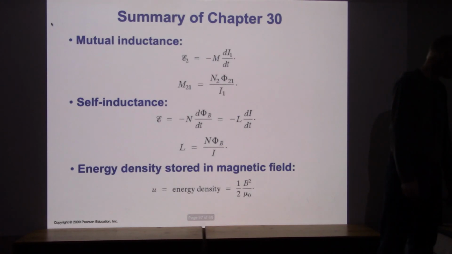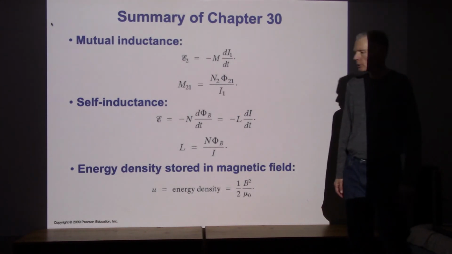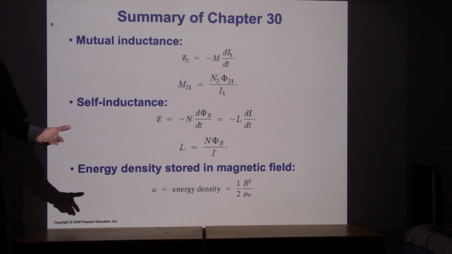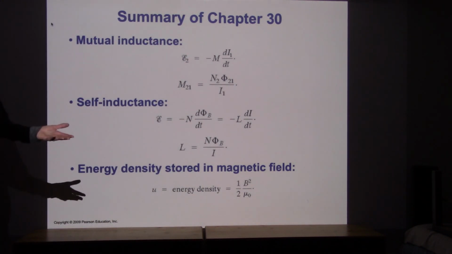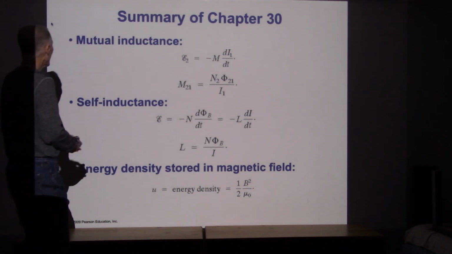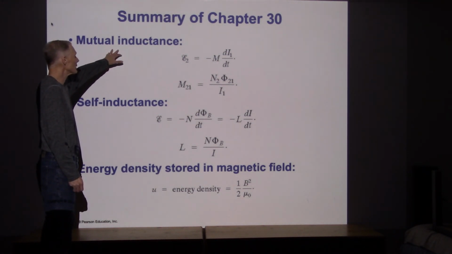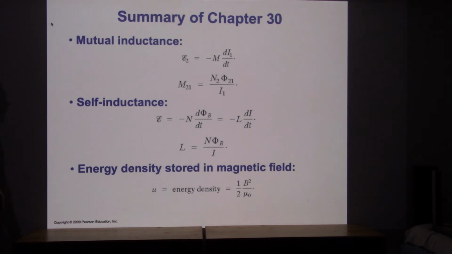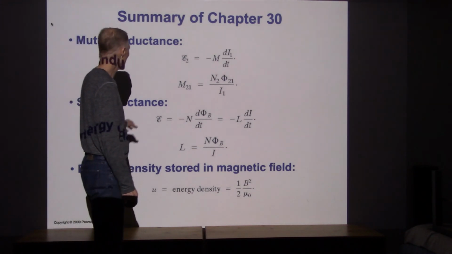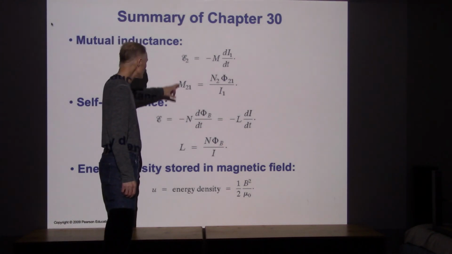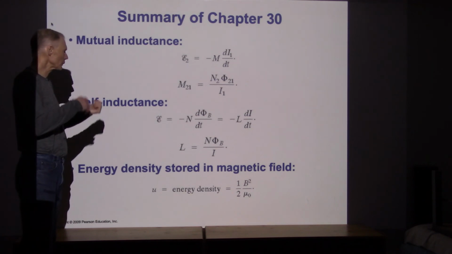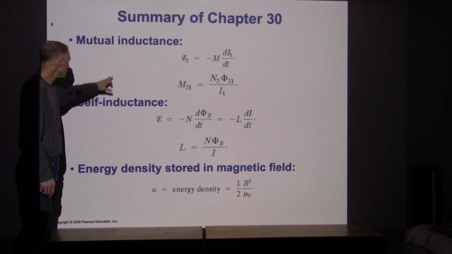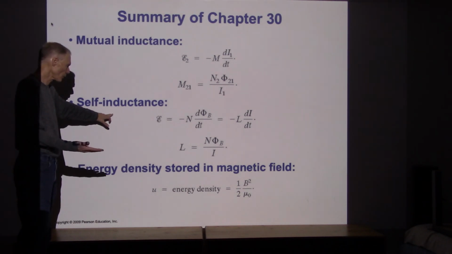All right, here is a summary of this chapter. There's been a lot, so let's go back and think. This chapter, actually, yes, this very chapter started off with mutual inductance and self-inductance, and that seems like it was a long time ago. But remember, we made use of Faraday's law, stuff that we had learned in chapter 29. We utilized that and showed what mutual inductance and self-inductance is going to depend on.